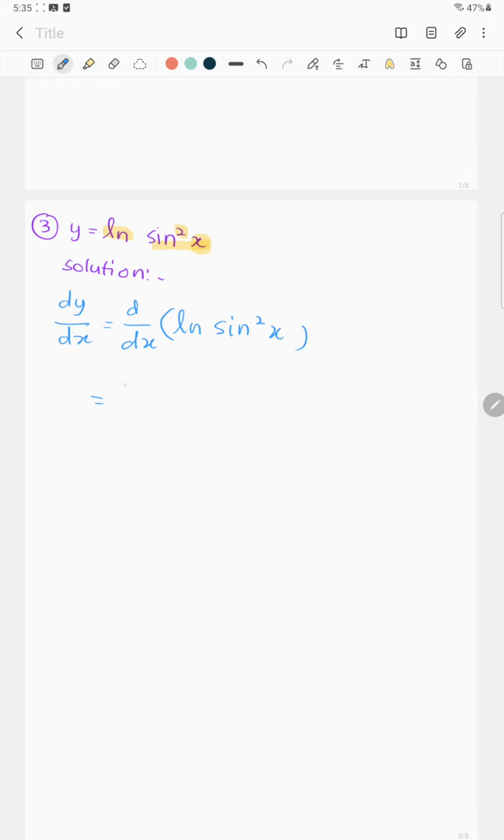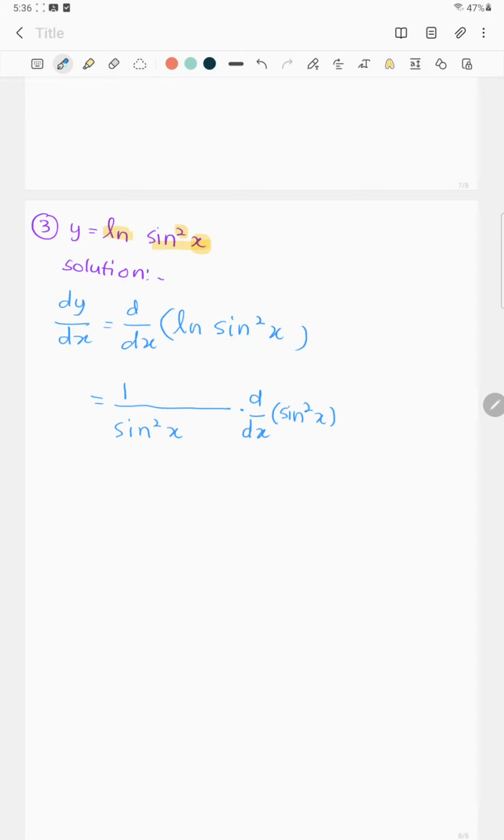So differentiate the ln first, the ln here. So we got 1 over sin squared x. Then we need to differentiate the squared one, the second thing that we need to differentiate.